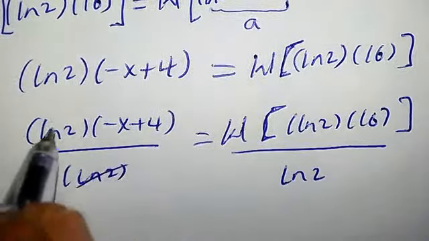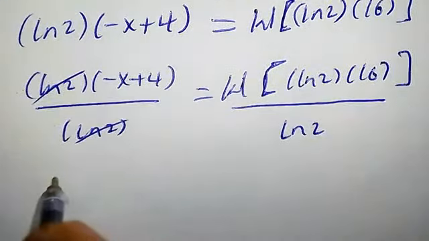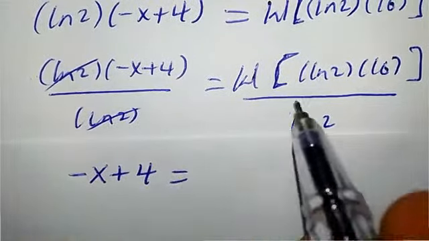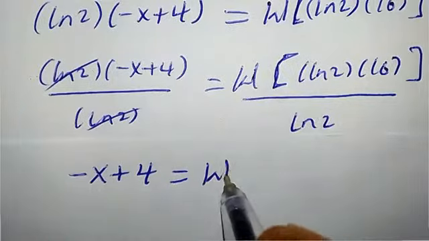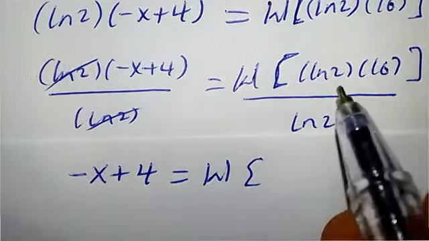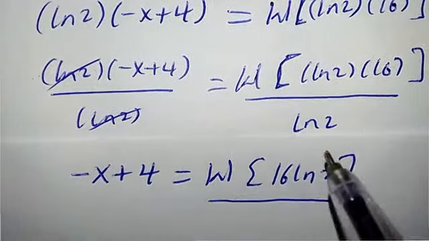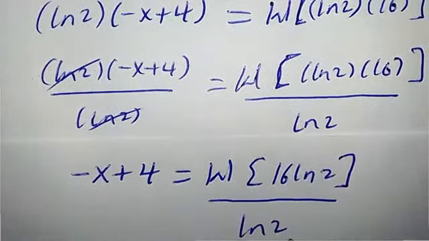Clearly, this cancels out. So we are left with negative x plus 4 equals this right hand side, W of 16 times ln 2, that is 16 ln 2 all over ln 2.